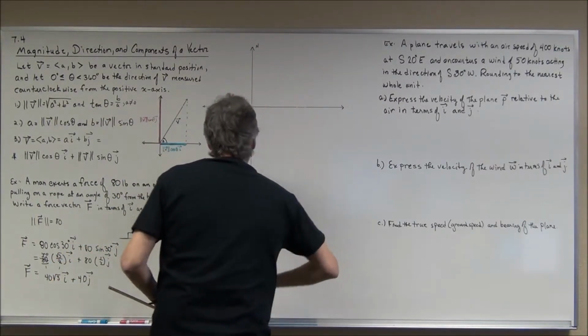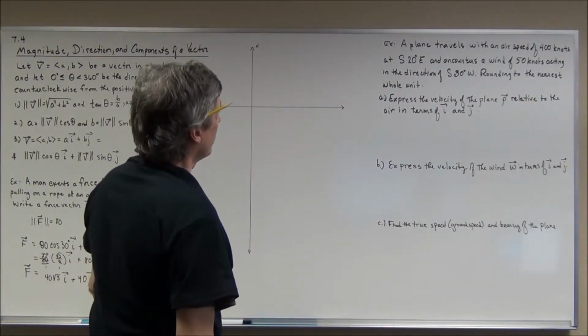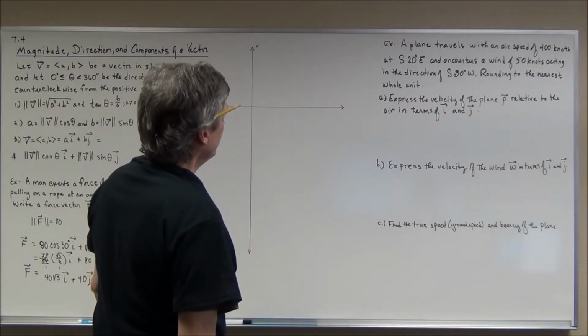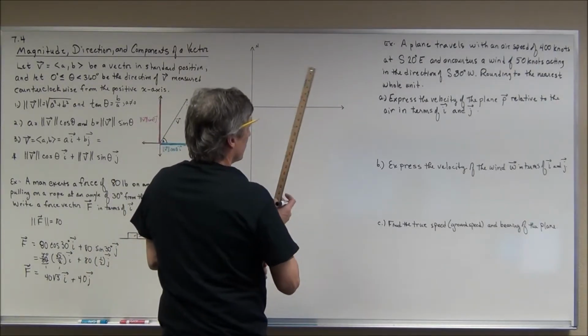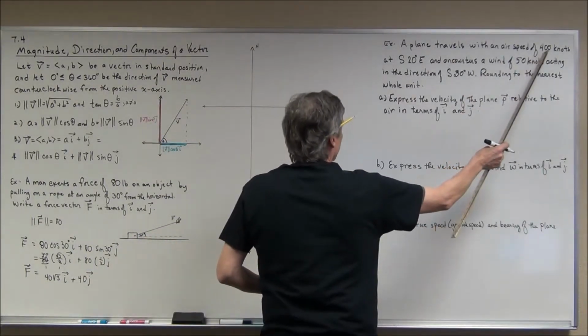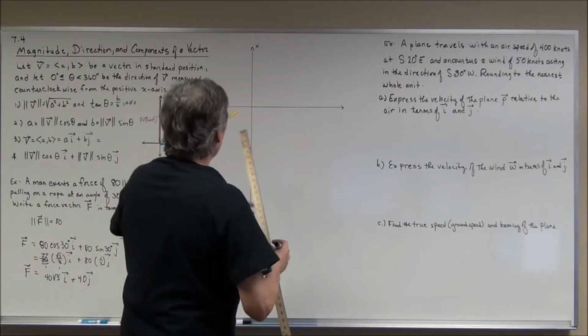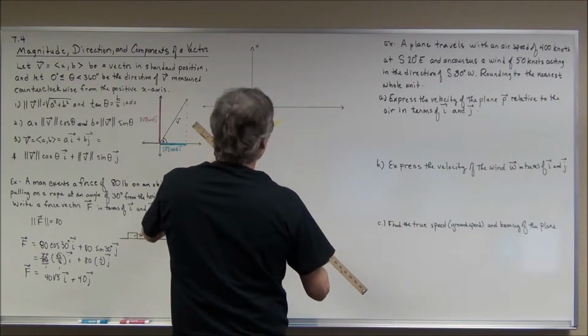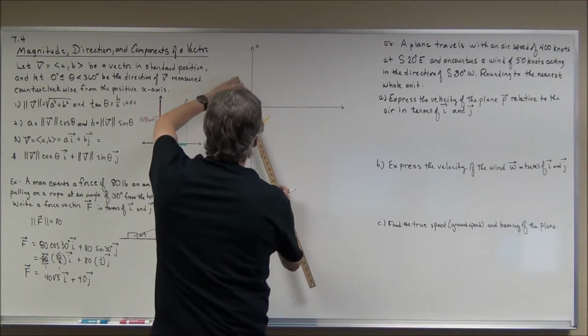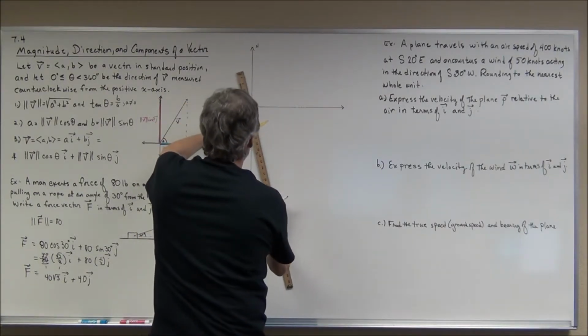East and west, right. So in this case we have 400 knots, 20 degrees south, 20 east. So I'm going to approximate this, and I'm going to make 50 knots worth 2 inches here. So that's going to be 16. So I'm going to approximate 20 degrees.